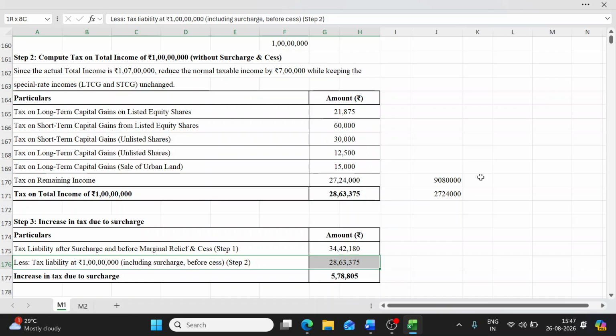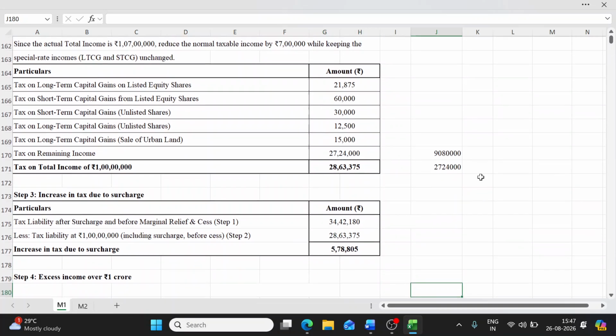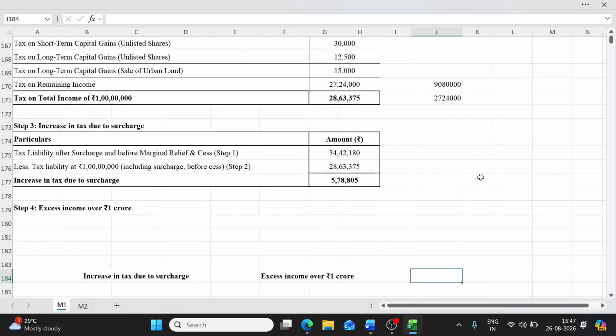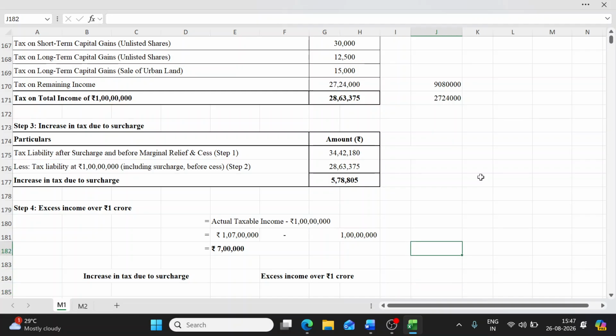So the total increase in tax due to surcharge is now 5 lakh 78,805. If you compare this with the increase in income over 1 crore, the increase in income over 1 crore is 7 lakhs.